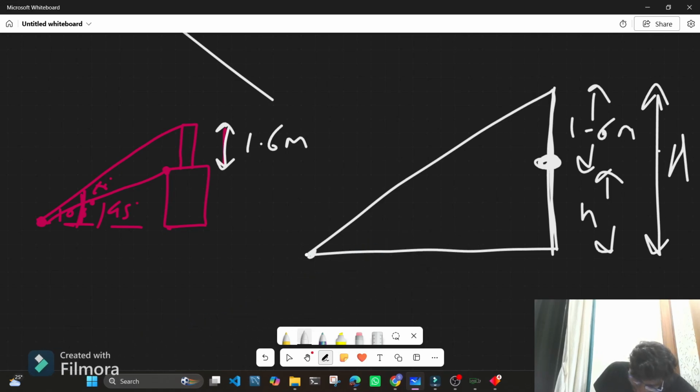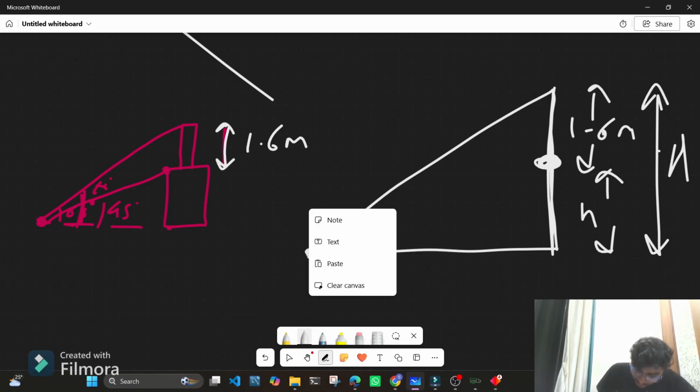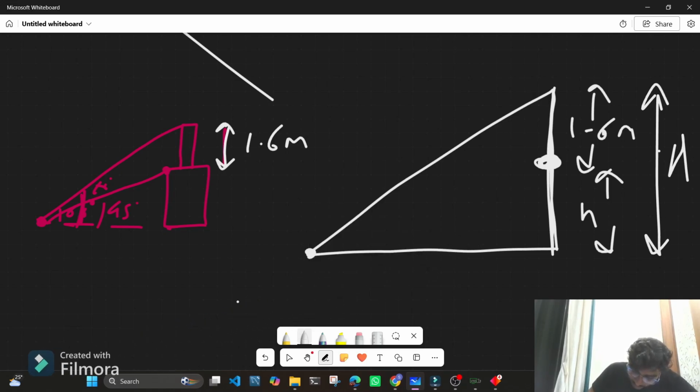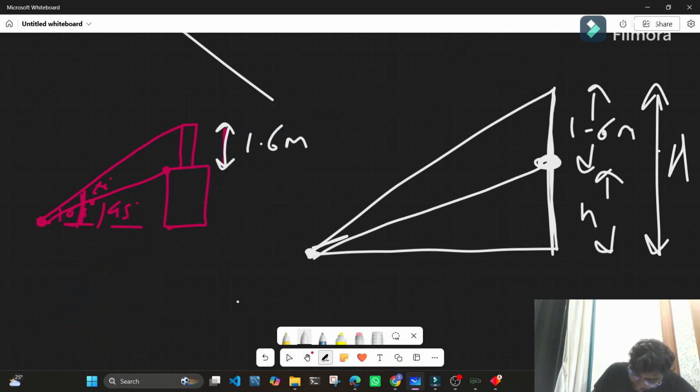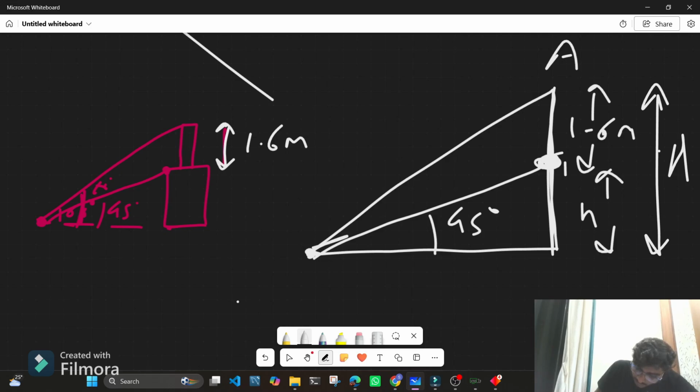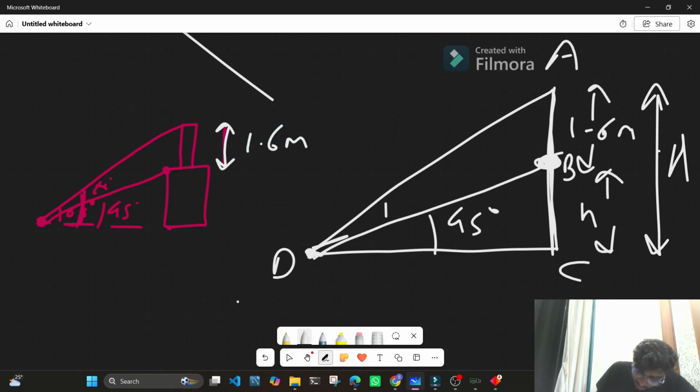Now there is a point over here, and we need to draw two lines from it. This angle is 45 degrees, up to the top of the pedestal. Let's say the points are A, B, C, and D, from the point D. To the top of the statue, the angle of elevation is 60 degrees.